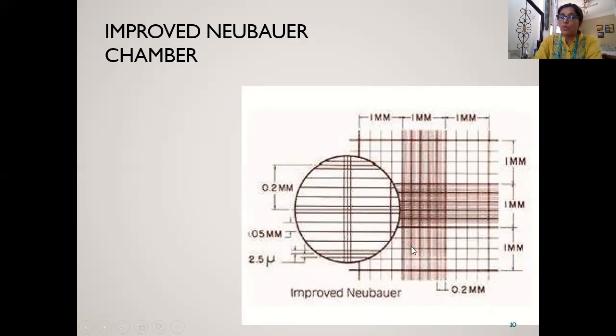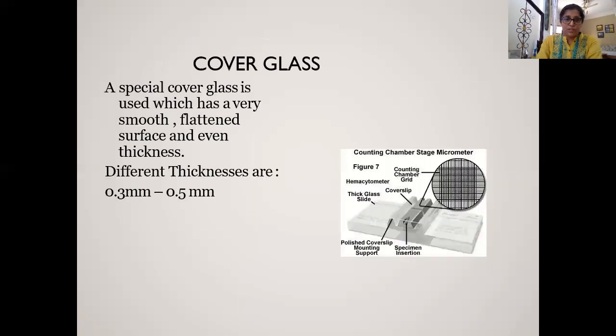These areas with only parallel lines are the waste areas or the non-counting areas. And the grid is designed in such a way that the counting areas do not overlap or cross over, and so we can count with assurance. It should be with clarity and the number should be very correctly measured.